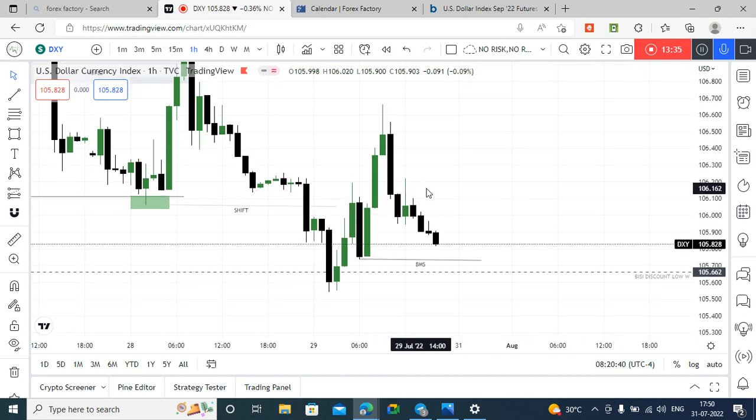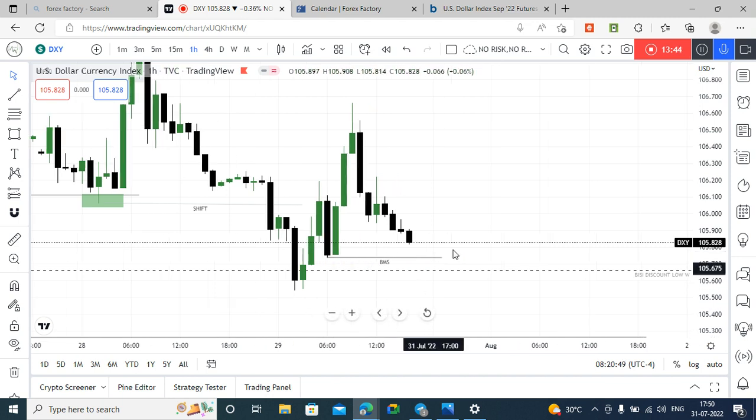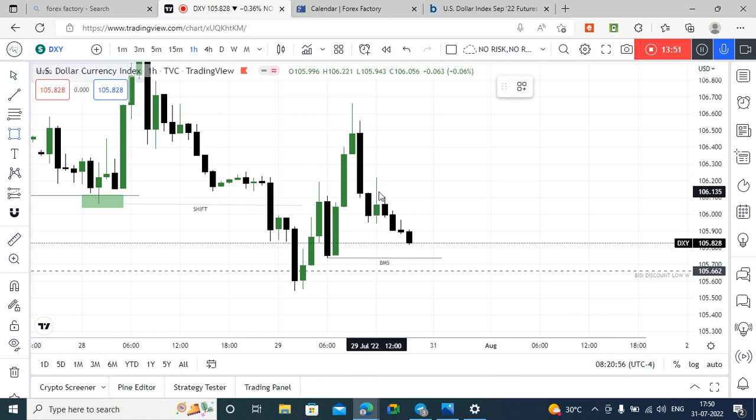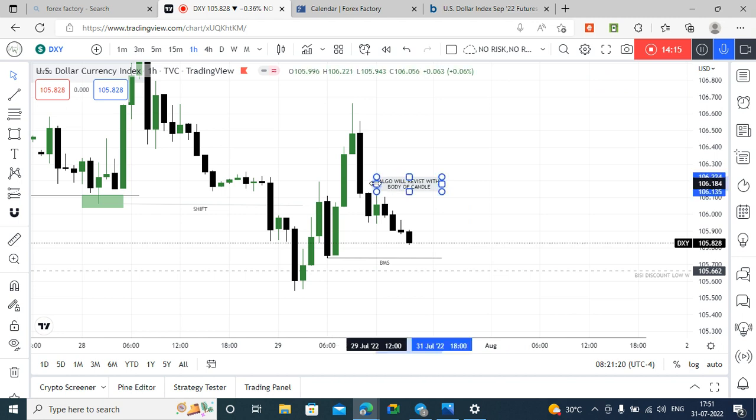When you have this type of wick revisit of the imbalance, and price breaks some recent single low, we can expect the algorithm will revisit this imbalance level with the body of a candle, after the break of market structure.